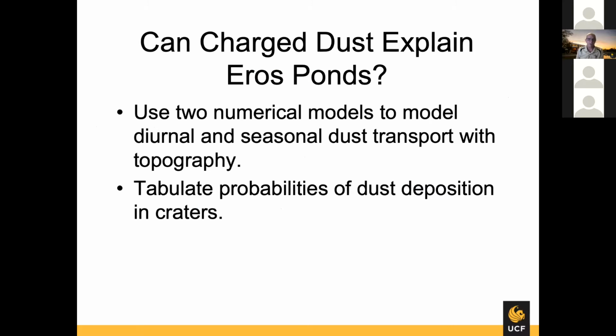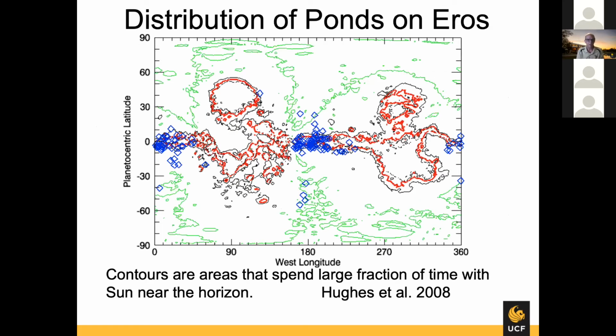So can that actually explain enough dust transport to explain the dust ponds on Eros? Here's a map that shows areas highlighted in red where the sun spends a lot of time near the horizon. And when the sun is near the horizon, you have these strong terminator fields because you have at the terminator a region that's illuminated by the sun.